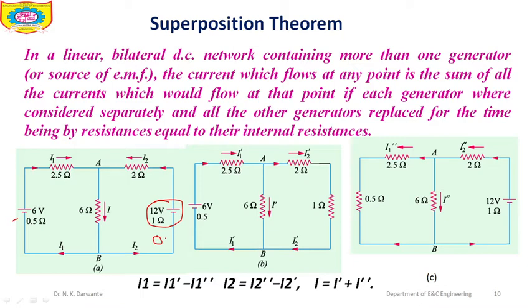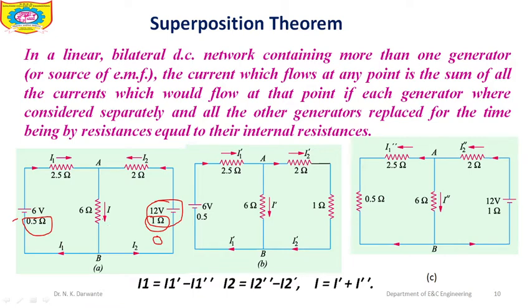If in the example they have given the value, that may be 1 ohm, 2 ohm, 3 ohm, then we have to replace that voltage source by its equivalent resistance. Now here the internal resistance is given, that is 1 ohm. Then we have to replace this voltage source by 1 ohm whenever we have to remove it. Here also this source is shown with an equivalent resistance of 0.5 ohm.